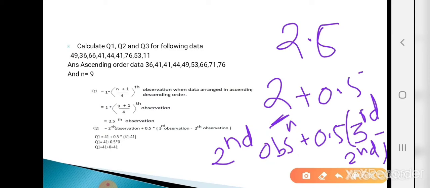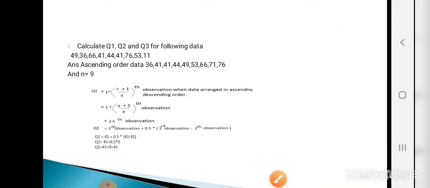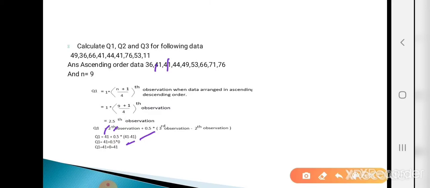The second observation in the ascending order data is 41. So 41 plus 0.5 times (third observation, again 41, minus second, 41). So 41 minus 41 is 0, 0 into 0.5 is 0, then 0 plus 41 is 41.